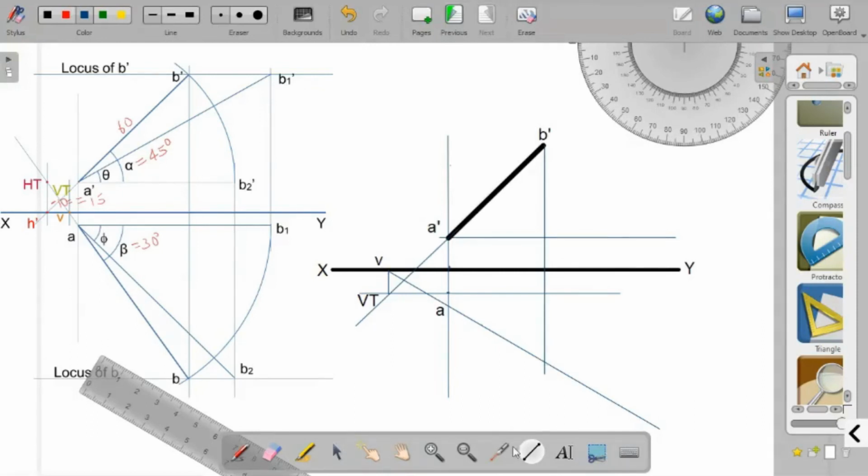So this is point B. Now we can complete the top view. This is the top view.